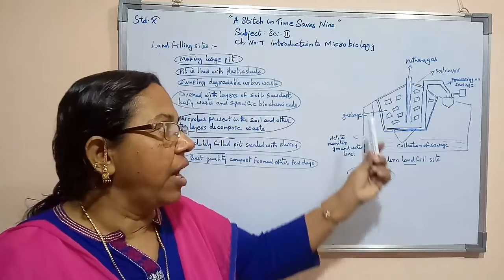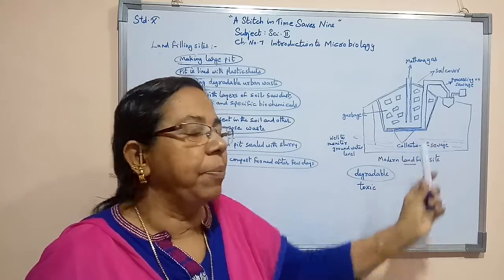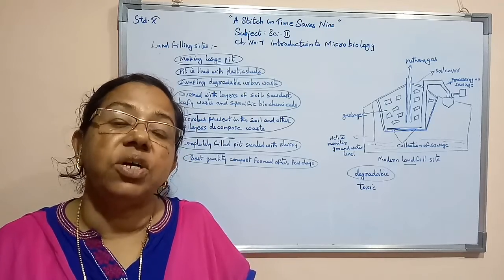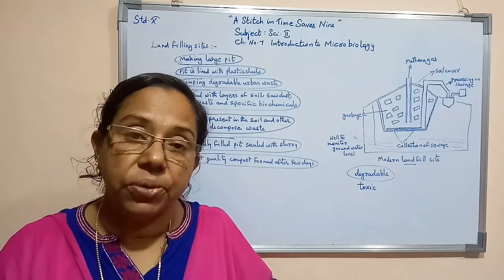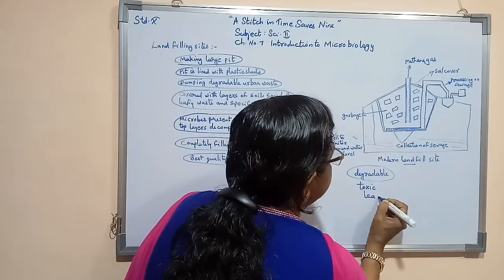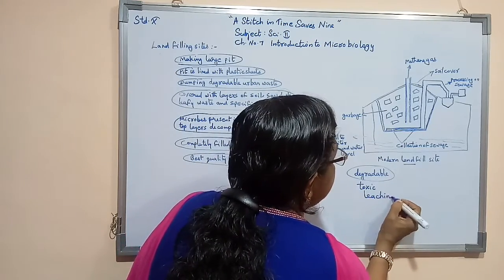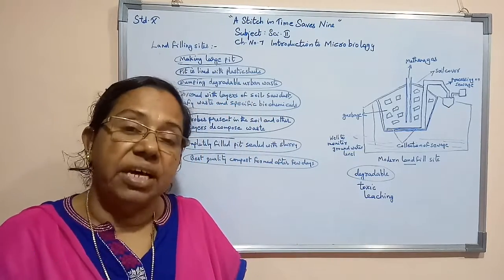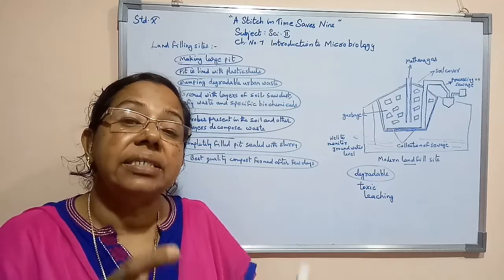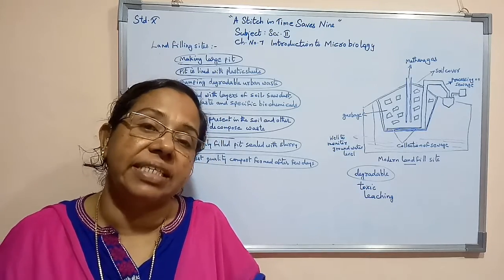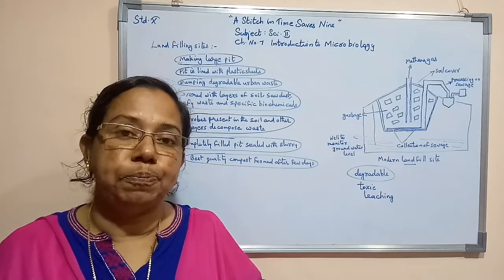If we do not line the pit with the plastic sheet, there can be leaching of toxic substances into the soil. What is meant by leaching? Leaching is the leaking, we can say, of the waste products going deep inside, all the toxic substances which are present inside the waste.